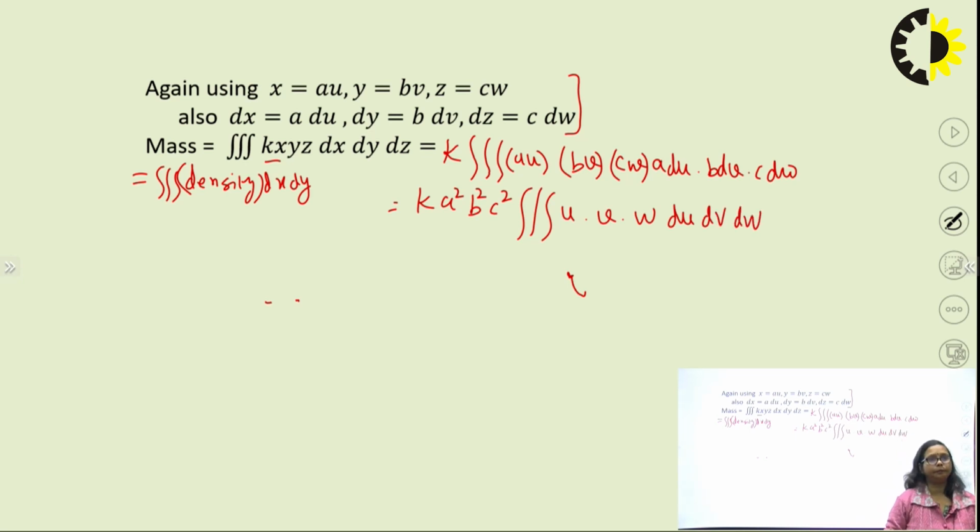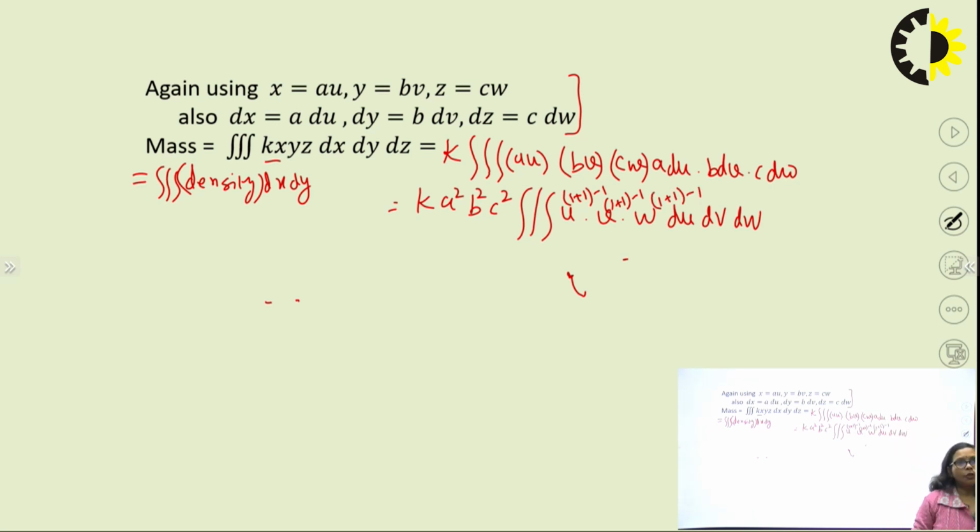Now again, if I look at the definition of the Dirichlet integral, I need to write these parts in the form L minus 1, M minus 1 and N minus 1. Clear? So here the power is 1, u to the power 1. What do I do to write it in the form L minus 1? I add 1 to this and subtract 1. Similarly, the power of v is 1, so add 1 and subtract 1. Here also the power is 1, we add 1 and subtract 1.